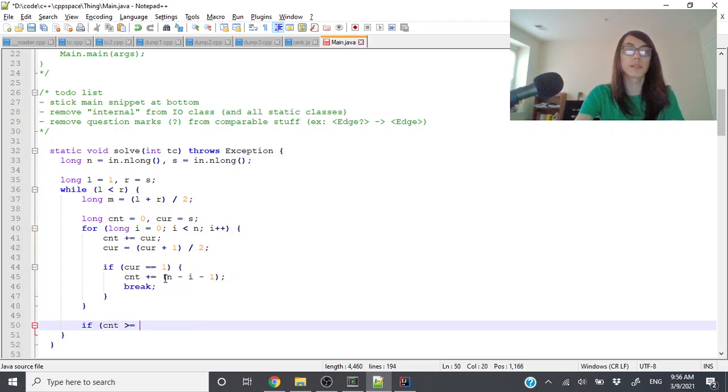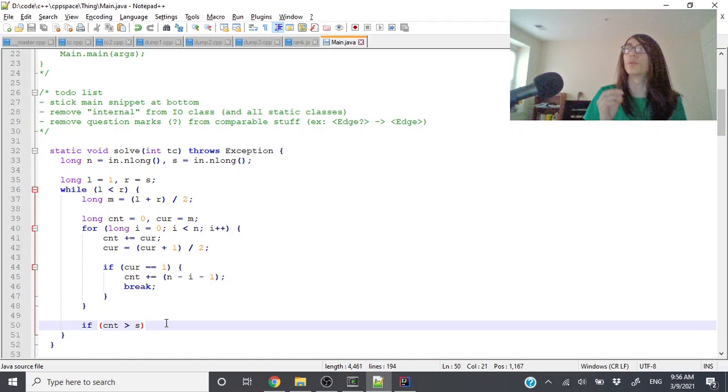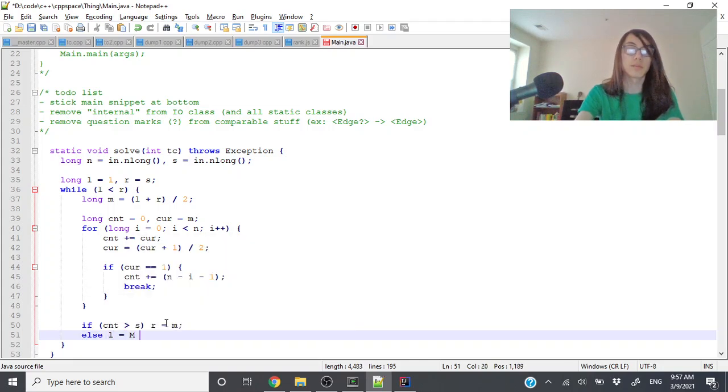If count is greater than or equal to s, then it's too high, we have to go lower, right? Oh wait, this should be m. So r is m, else l equals m plus 1.